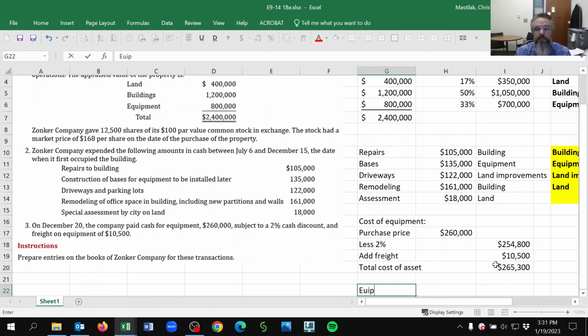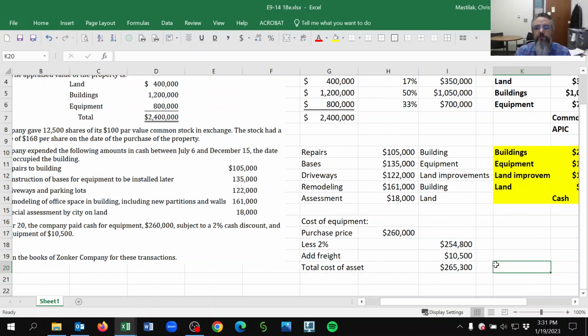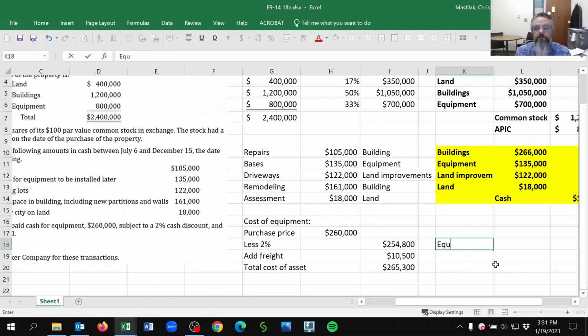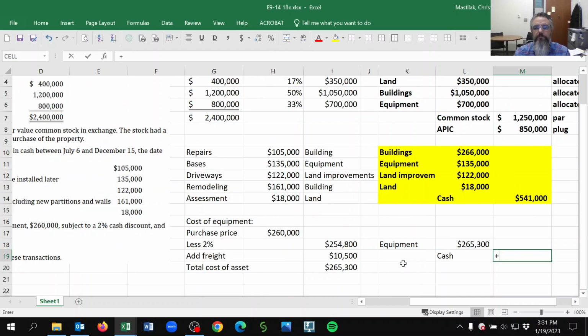So we're going to debit equipment. I'll put it over here with the other journal entries. I'll debit equipment and I'll credit cash for $265,300. And so this is going to be our journal entry.